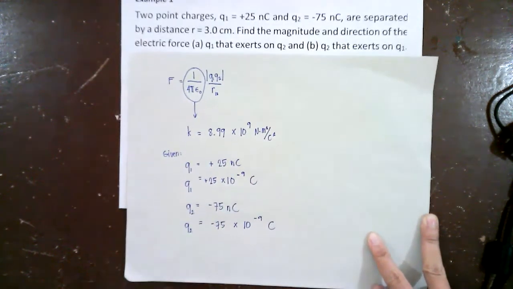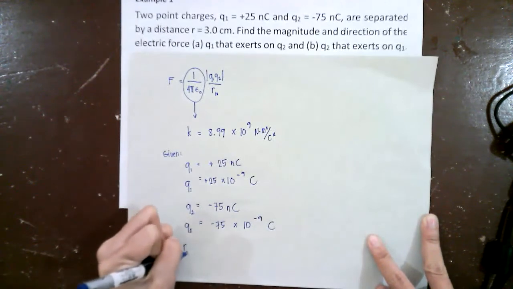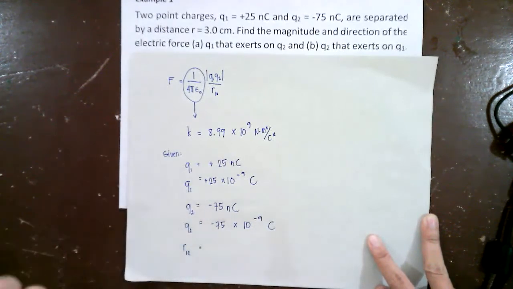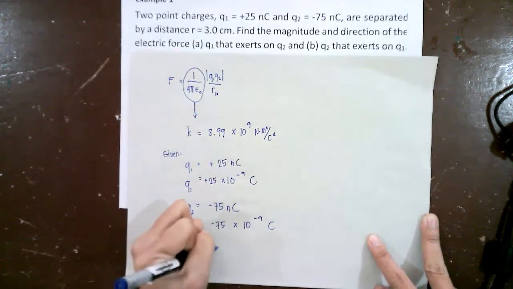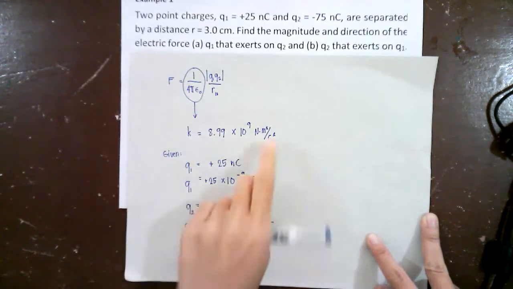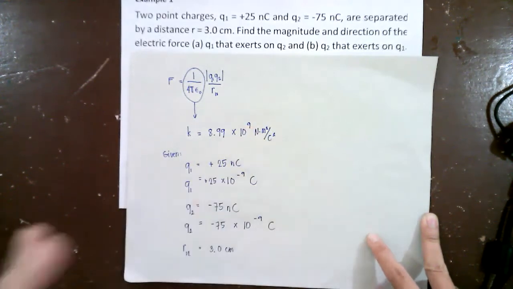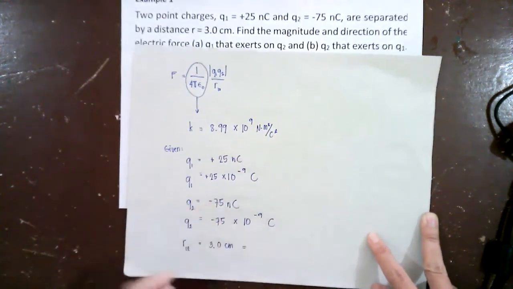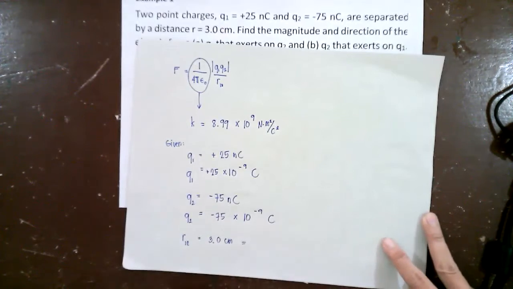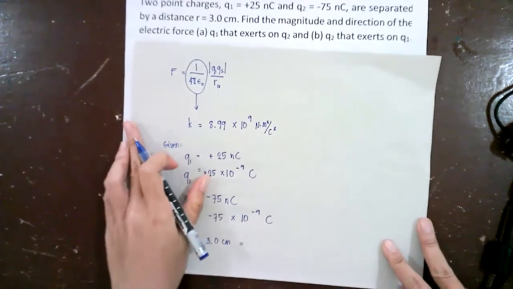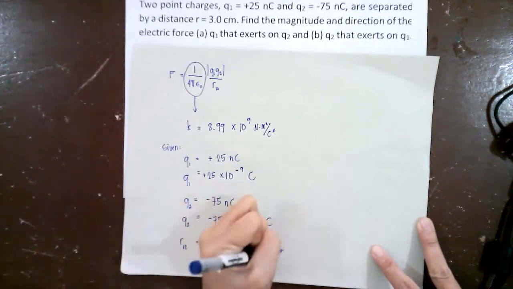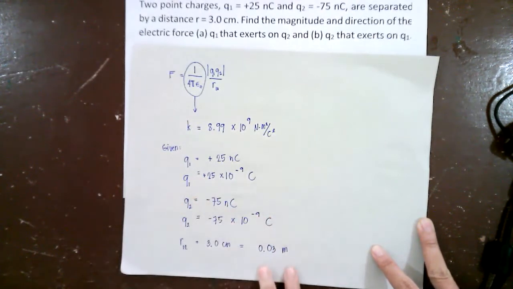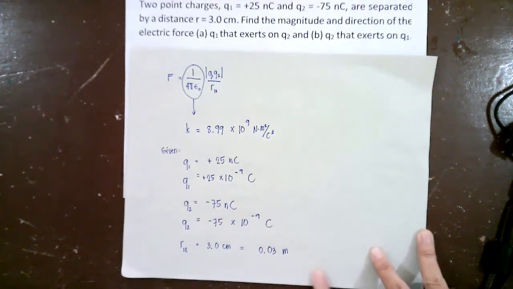Now our distance, our R12, is 3 centimeter. Since naka-centimeter yan siya, and then our constant is in meter, we will convert first your centimeter to meter. So your 3.0 centimeter is equivalent to 0.03 meters. So you convert your centimeter to meters.